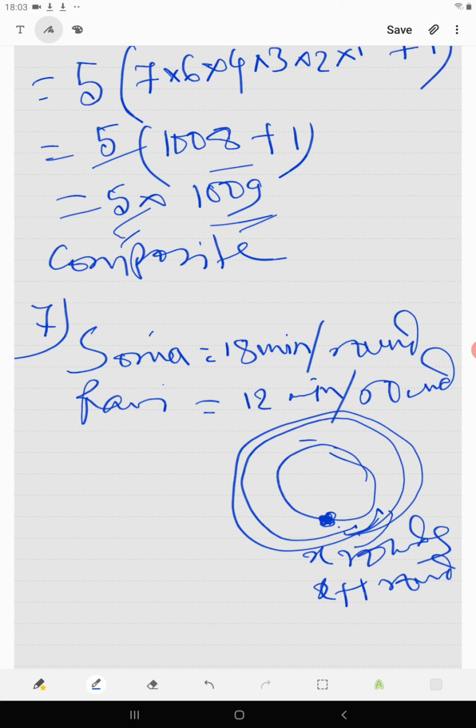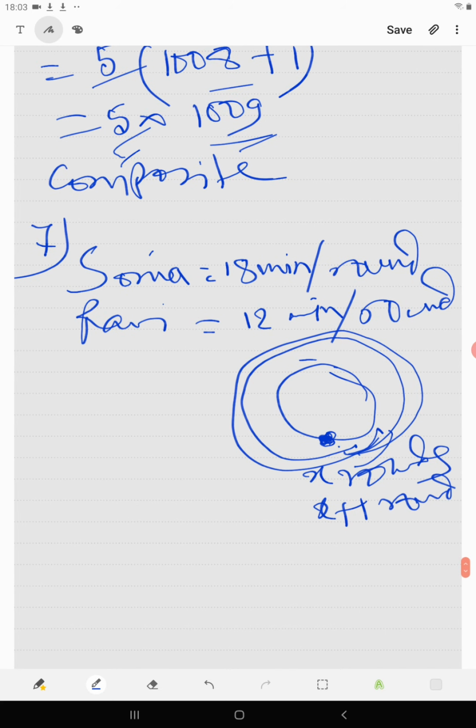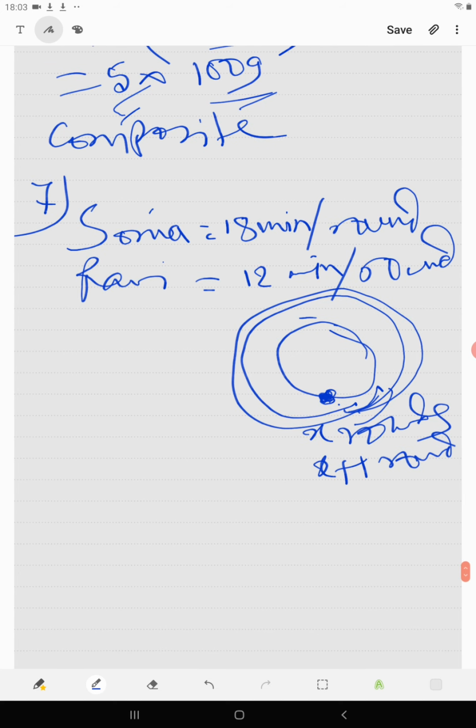This is very important too. Again, when they meet, Ravi will have an upper hand of 3 rounds, that is, Ravi will revolve 3 rounds more than Sonia. These are the very basic things to understand. Once you understand the core logic, then you will be able to solve the problem.